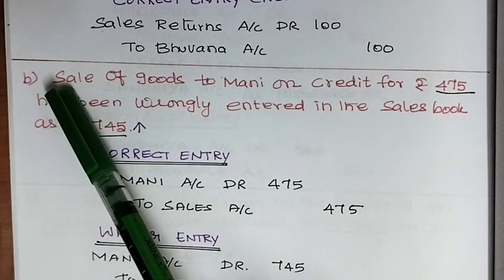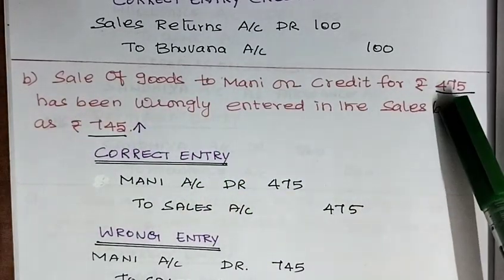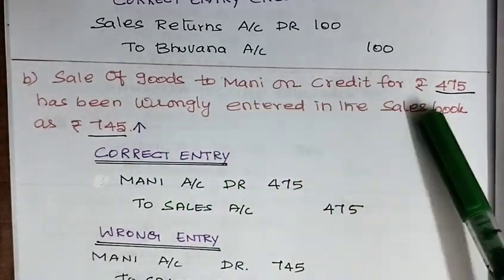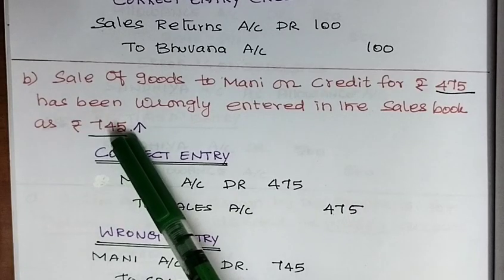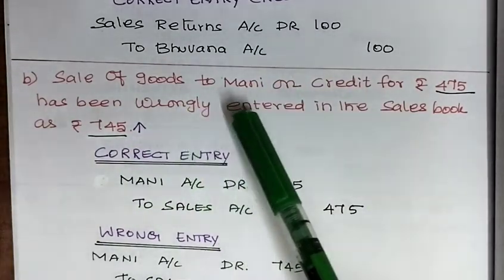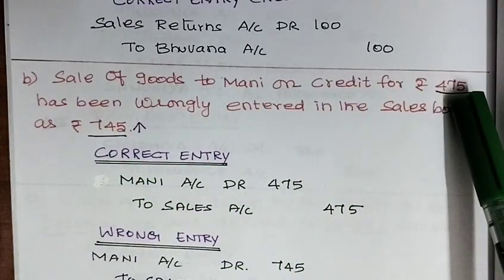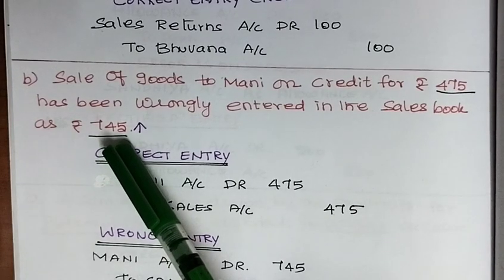I read the transaction again. Sale of goods to Money on credit for ₹475 has been wrongly entered in the sales book as ₹745. So in the sales book, an accountant entered wrongly. Instead of ₹475, an accountant entered ₹745 in the sales book.